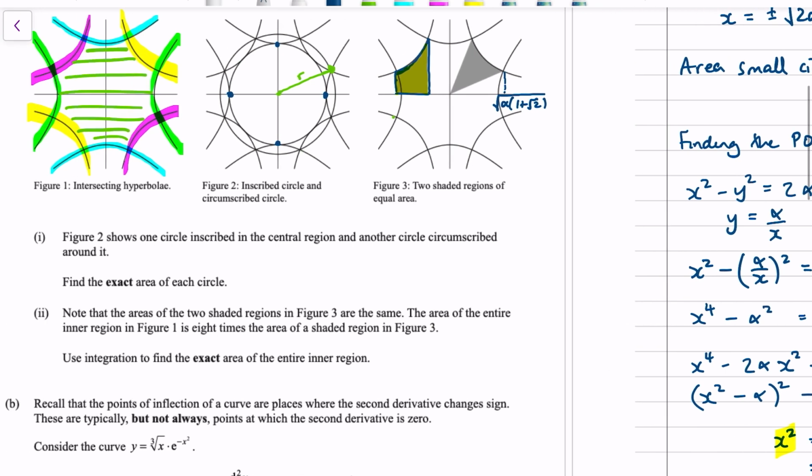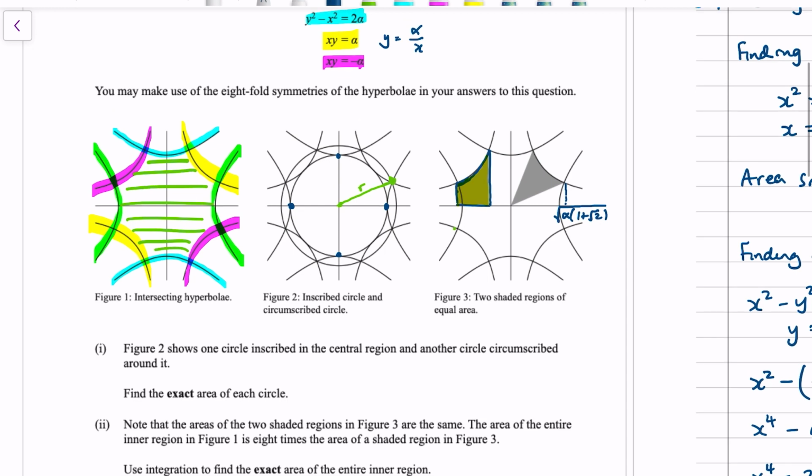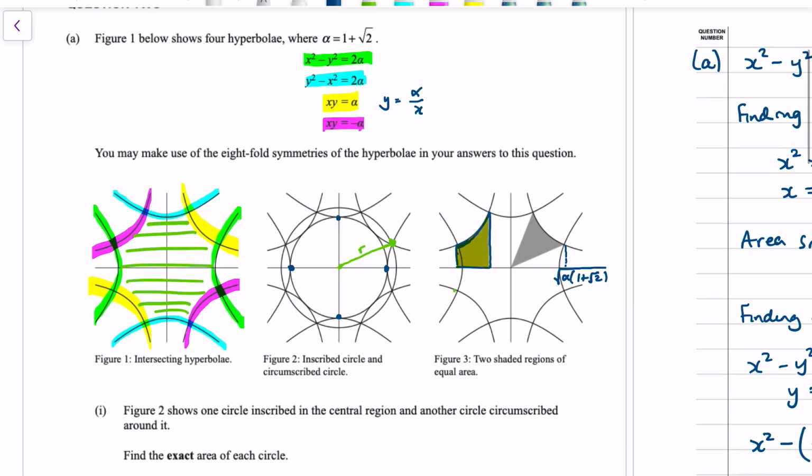And then what I need to do is also solve the blue equals the pink. So solving the blue equal to the pink, what do we get when we do that? I'm sure we could probably use symmetry to do that as well. Yeah, definitely we can.